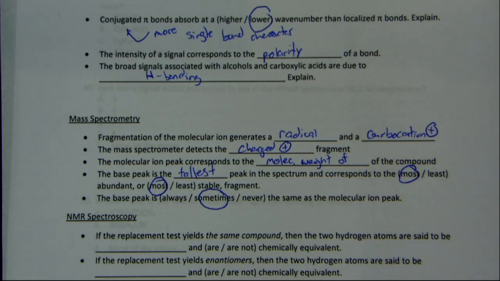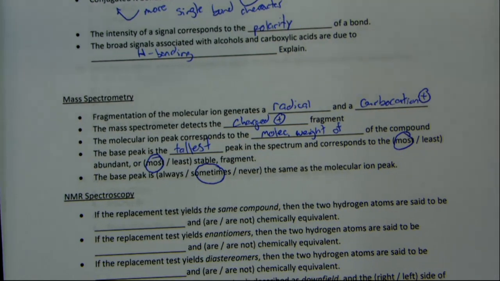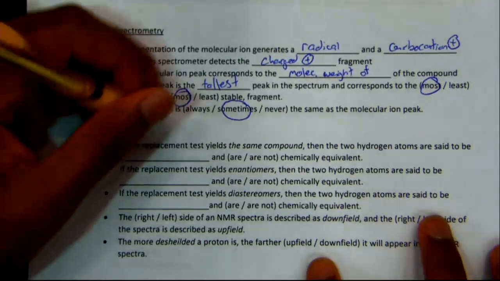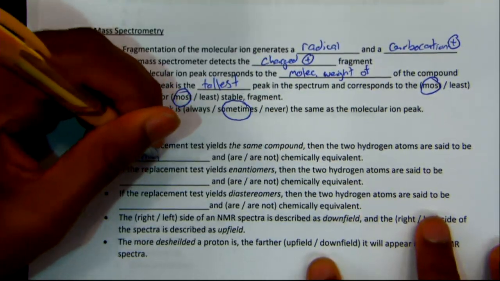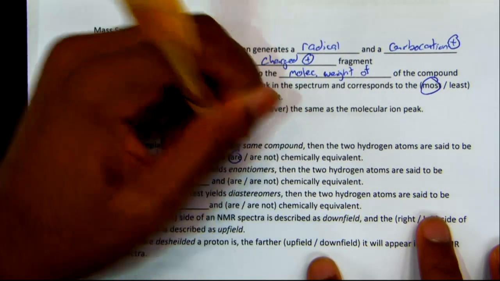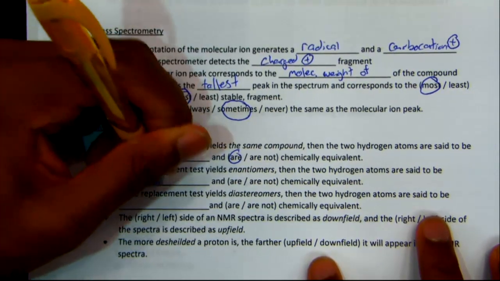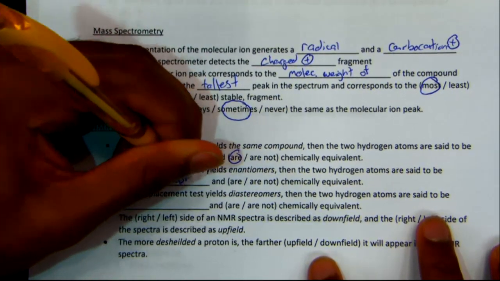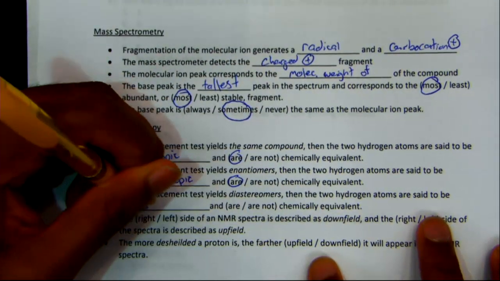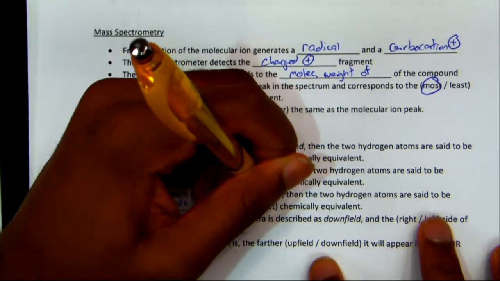Okay, so this has to do with homotopic, enantiotopic, diastereotopic stuff. It's just an easy way to see the definition. So homotopic, if it's the same compound, and they are chemically equivalent, if you see the trend here in the enantiotopic, and then diastereotopic, and are not.